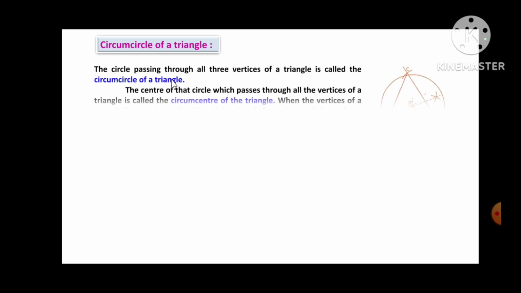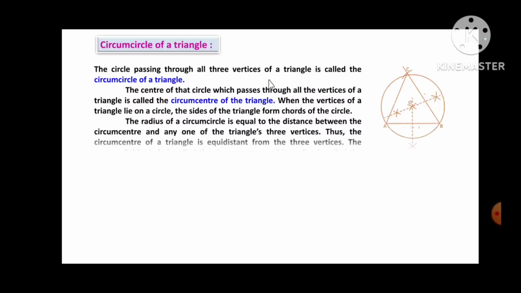Circumcircle of a triangle. Friends, the circle passing through all three vertices of a triangle is called the circumcircle of the triangle. You can see it in the adjoining figure. The center of the circle which passes through all the vertices of a triangle is called the circumcenter of the triangle.